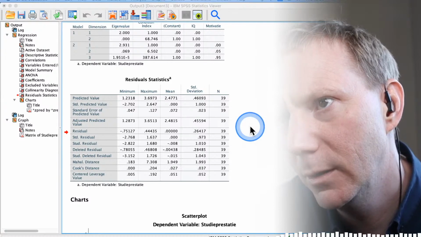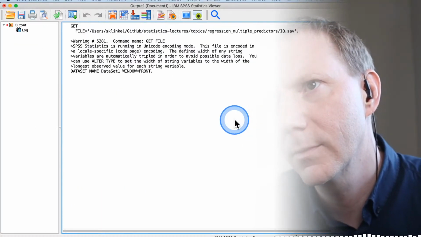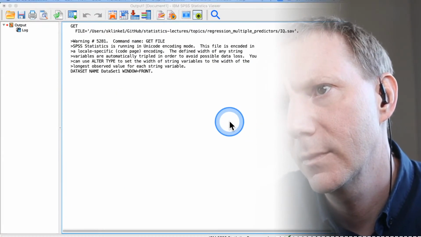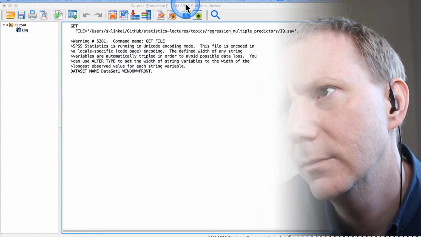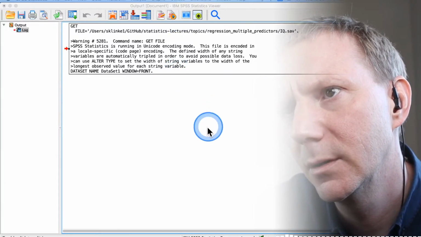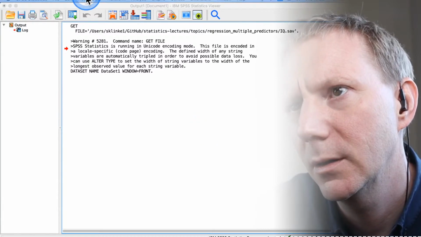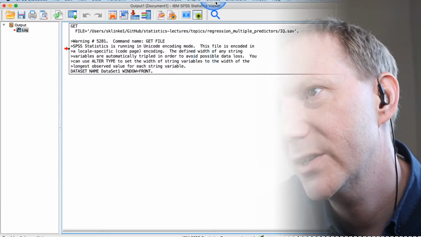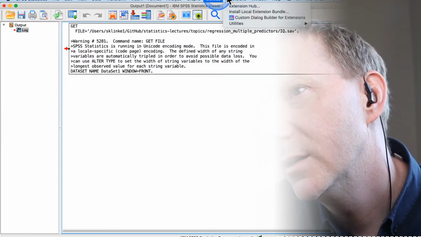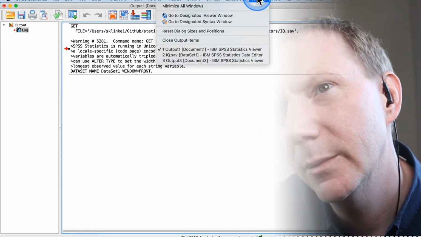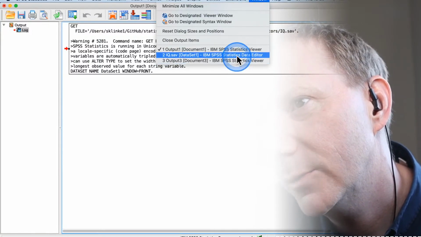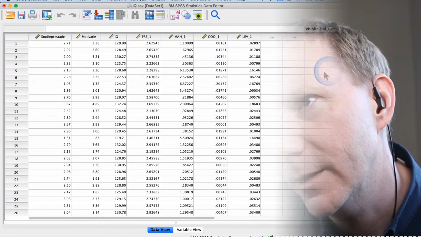So if we look at this, I think SPSS has crashed. Let's see if I'm still able to go to the outputs. No, the data. Yeah, here it is.